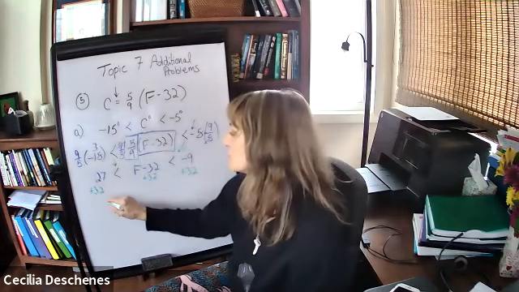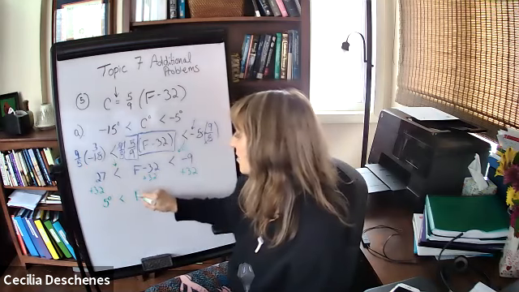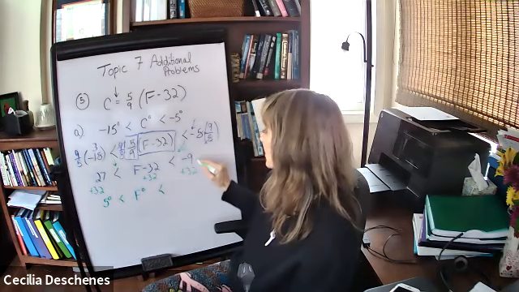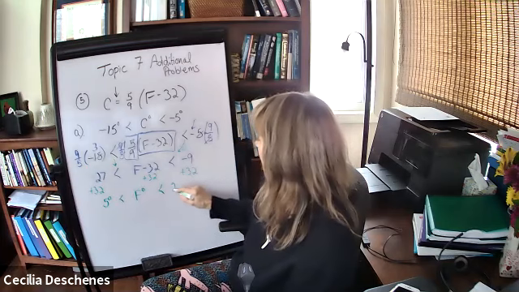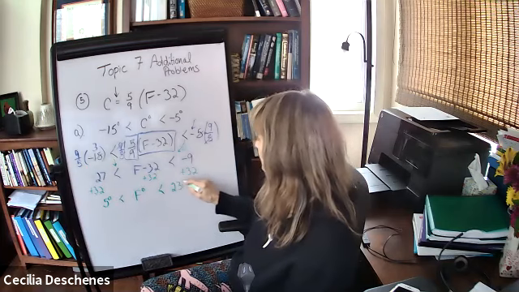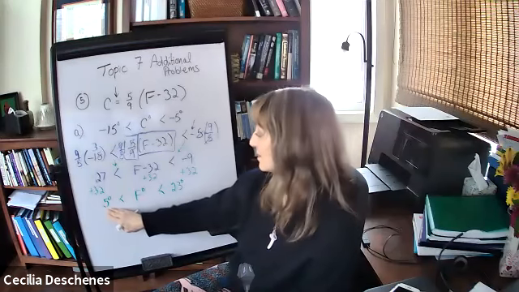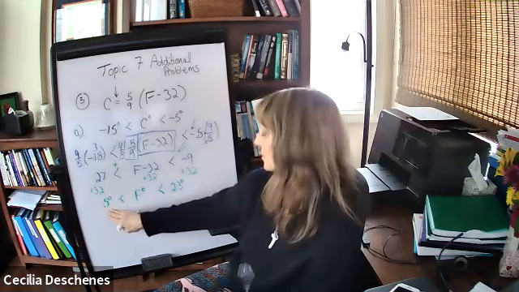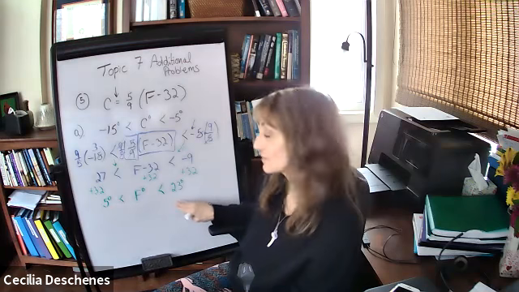So here I have 32 minus 27, or 5 degrees, less than F in Fahrenheit, which is less than 32 minus 9, so that's 23 degrees. So in the month of January in Montreal, in Fahrenheit, which is more what we're used to thinking about, the temperature goes from 5 degrees to 23 degrees.